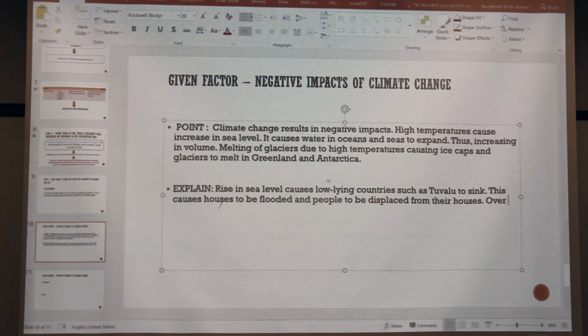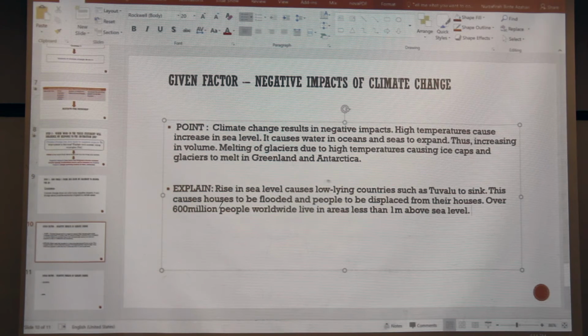They also talk about, this one's from your textbook, over 600 million people worldwide live in areas less than 1 meter above sea level. Oh, no more space.